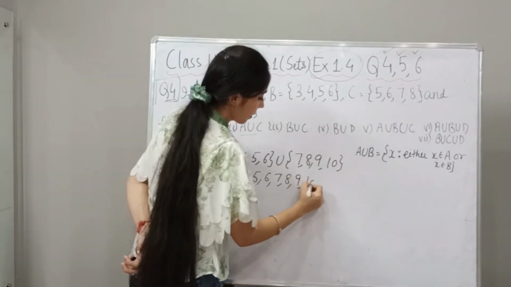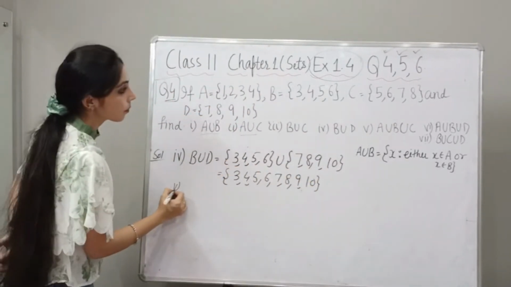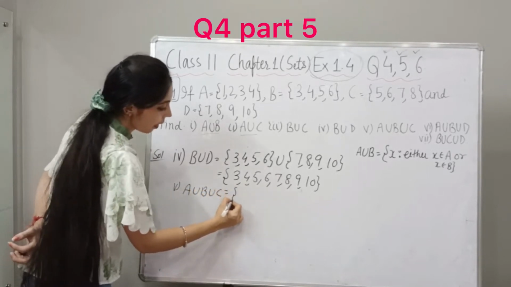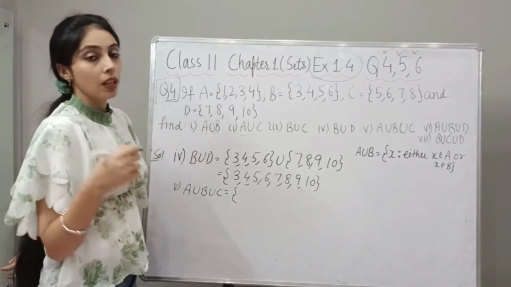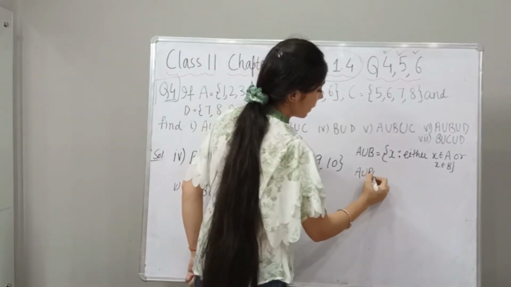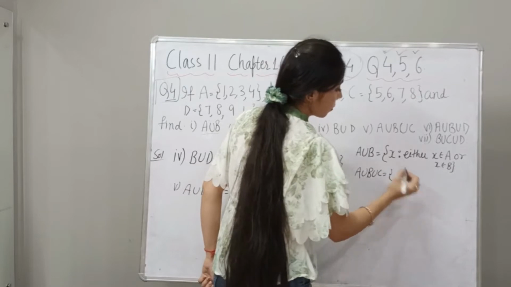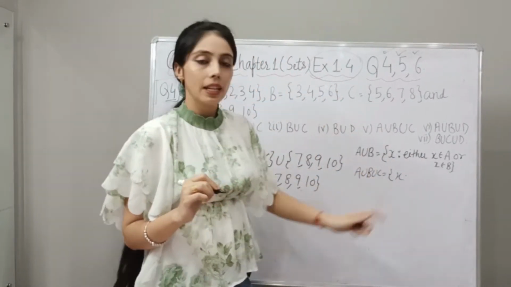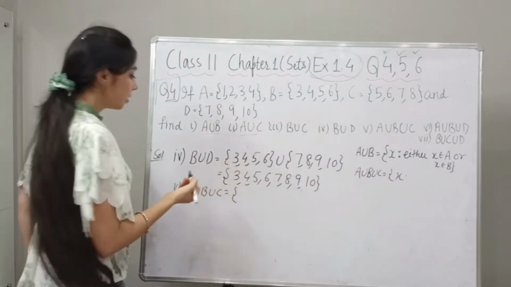Next one is A union B union C. We have to find the union of 3 sets. So we will write those elements. If you have to find the union of 3 sets, you will write those x which are either in A, B or C, which are in any of the 3 sets.